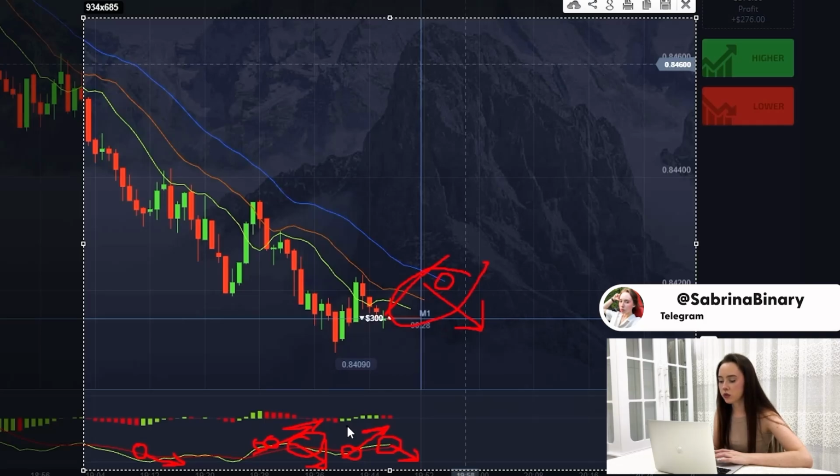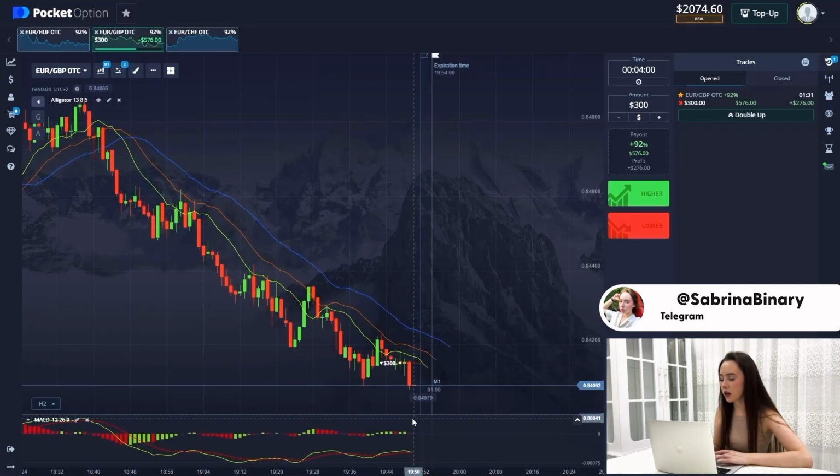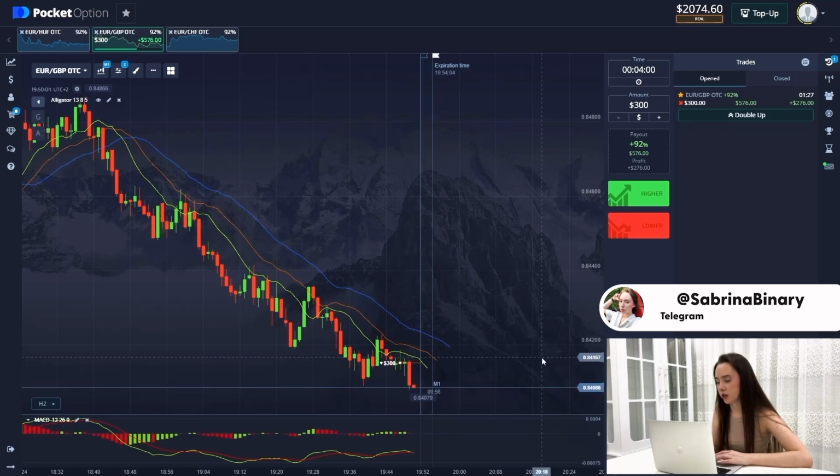And when the lines don't cross each other, it's enough to look at which of the lines is on top, as well as their direction. If the signal line is at the top and the lines are directed downward, the chart will move downwards. And if the green line is at the top and the lines are directed upward, the chart will move upwards. Everything is as simple as possible, and we return to our deal.